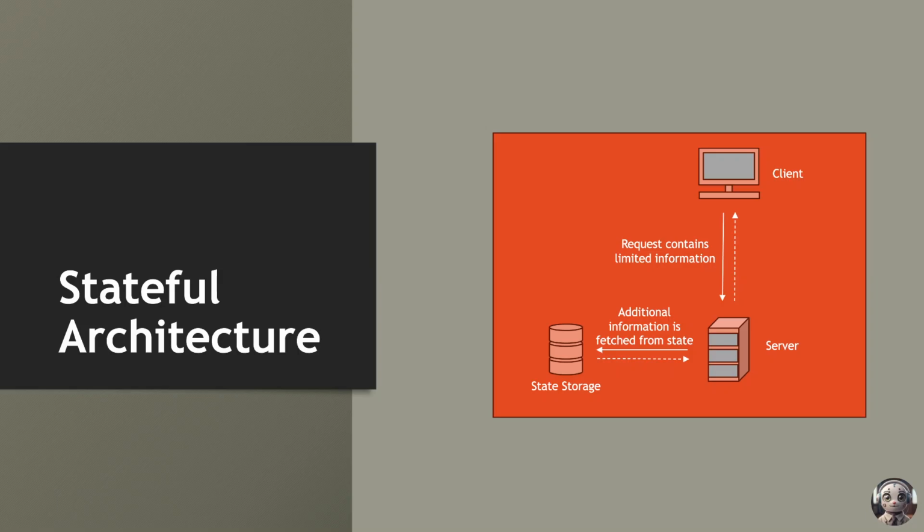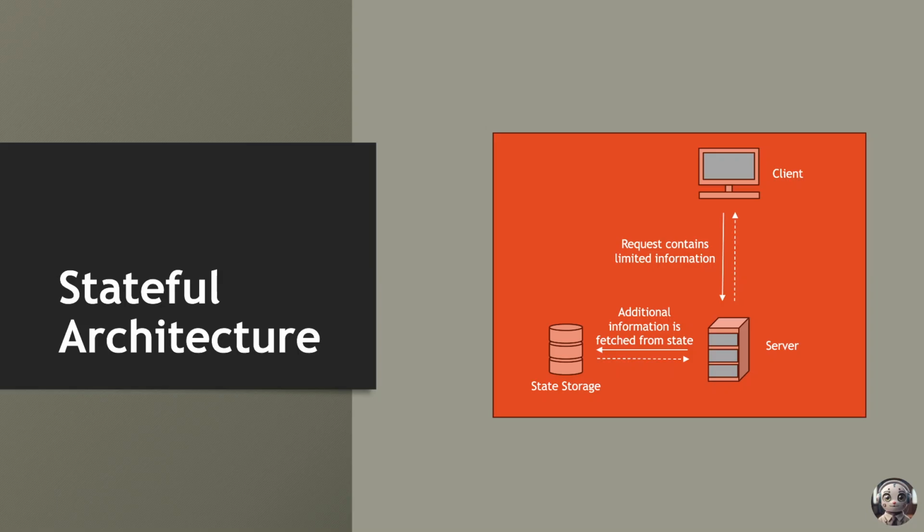This approach allows the client to send minimal data with each request, reducing network overhead and improving performance. However, it also introduces complexity in managing the state storage and ensuring data consistency across multiple requests and users.